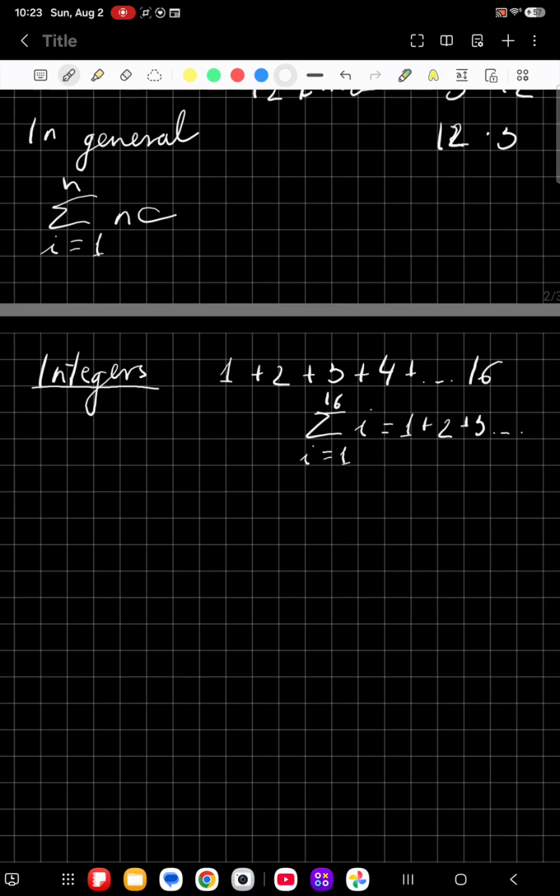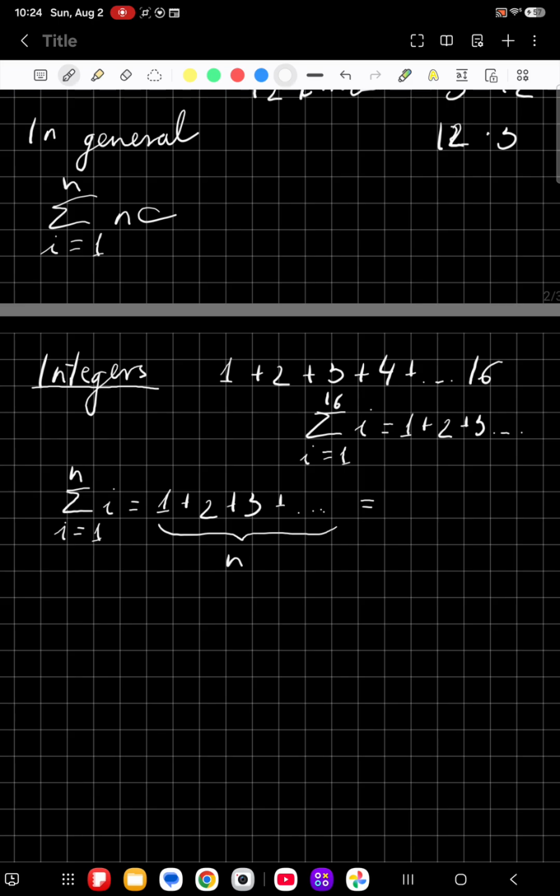We could add any number of those integers we want, and the way we would write it would be like this. Let's start with 1 and go to n, and then I'd be adding n integers: 1 plus 2 plus 3 plus etc. We'll have n of them.